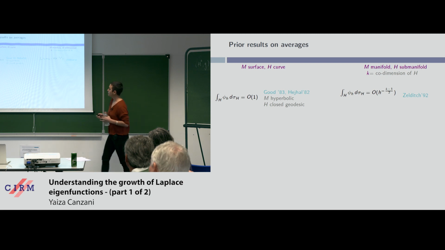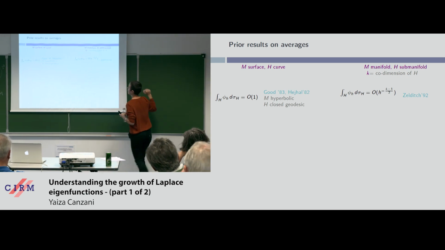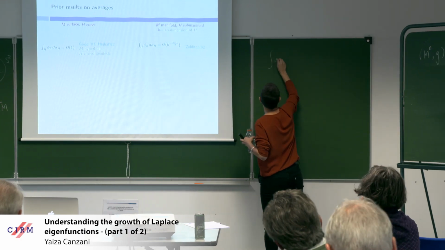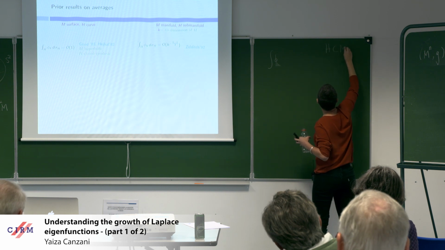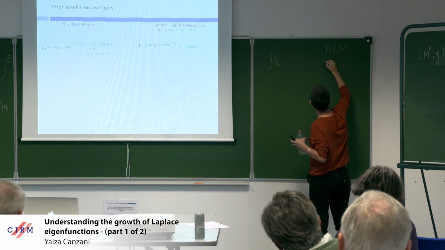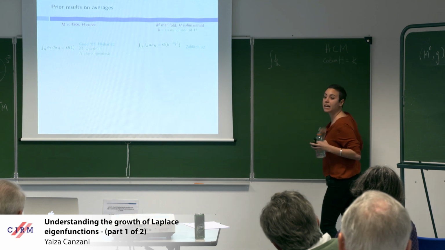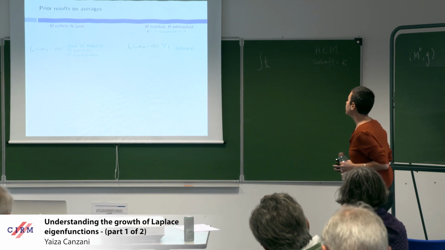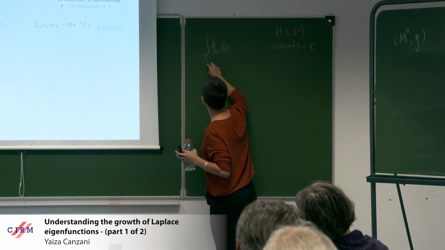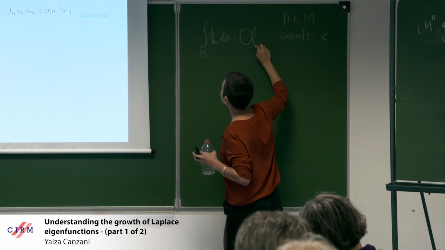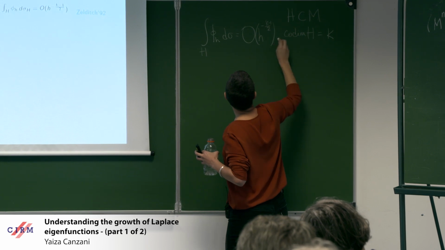And I'm going to record this because I'm going to return to it. If you're working with a submanifold H of codimension k, where the codimension of H is k throughout the rest of the talk, then these averages are going to be bounded above by h to the minus (k minus 1) over 2.